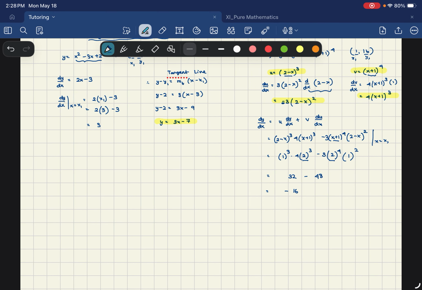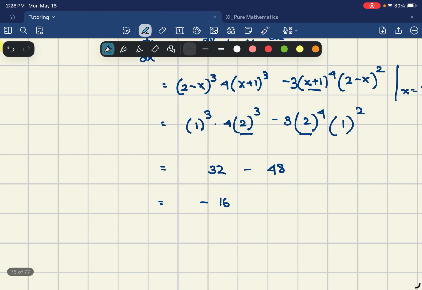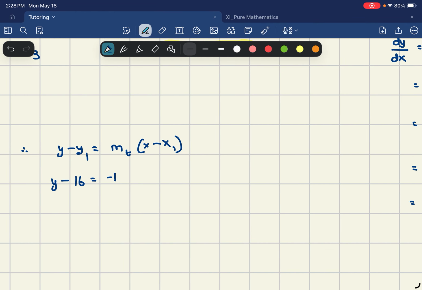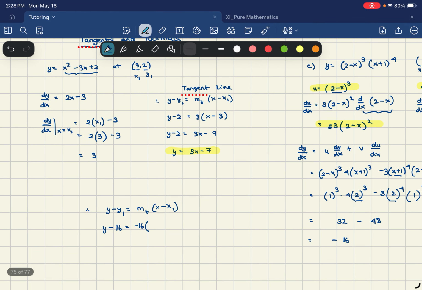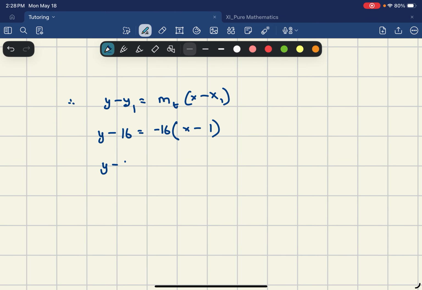Alright. So now, the equation of the tangent line is y minus y1 equals m times x minus x1. So y minus y1 is y minus 16, slope of the tangent line is negative 16, and x minus x1 is x minus 1, right? And if I simplify, I get the expression minus 16x plus 16.